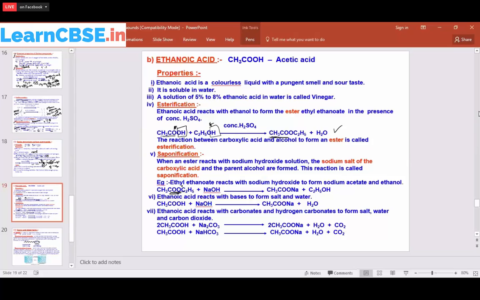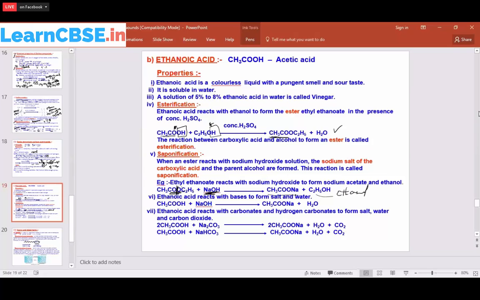Here we have to break a bond. The ONa we have to attach with the CO group, so it forms CH3COONa and C2H5OH. So we are getting ethanol as one of the products.